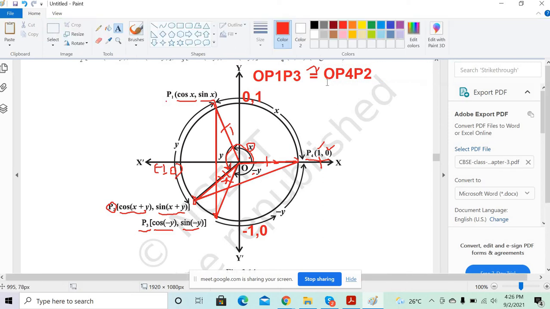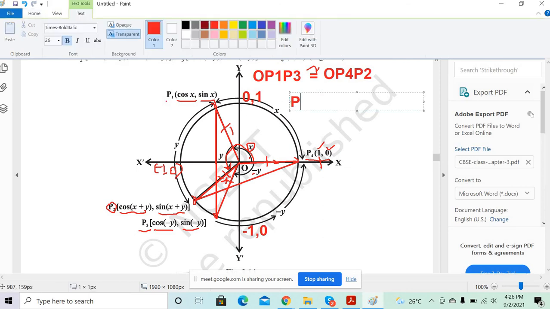Correct? These two triangles are congruent. Then that means I can say P1 P3 will be equal to P2 P4, by CPCT.